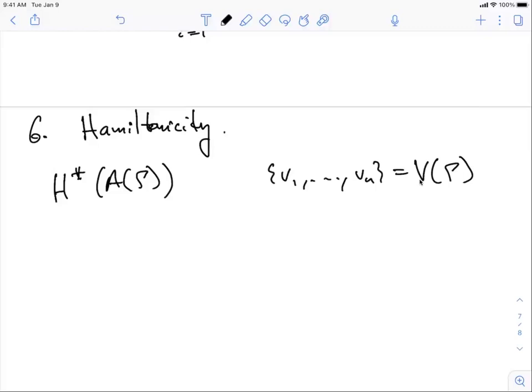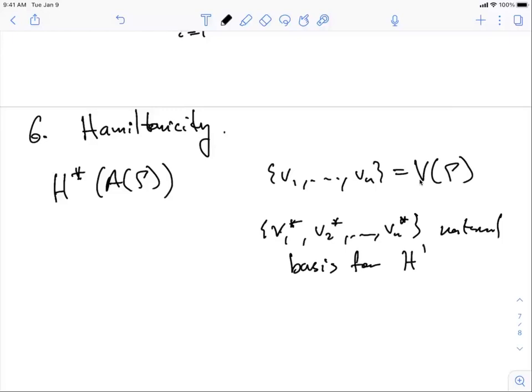And so you have V1 star, V2 star, all the way to Vn star as a natural basis for H upper 1. Okay, and what I said is just formal linear algebra. Of course, there are nice geometric ways of thinking about what these dual cohomology classes are in terms of intersections with hyperplanes and the Salvetti complex, but I won't belabor that point right now.